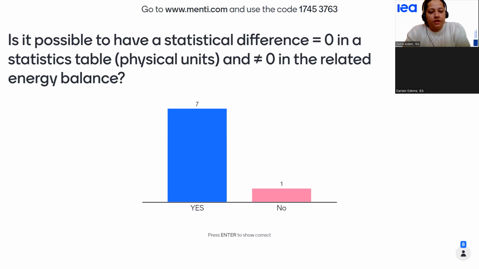So for example, you have a specific fuel, say oil that is produced or imported, and you have a certain amount for your domestic market, and then you have consumption, and so everything matches. So you have 0 statistical difference for, for example, coal in kiloton, but then when you create your energy balance in terajoules, in ton of oil equivalent, whatever energy unit, you end up with a statistical difference there. So is this possible?